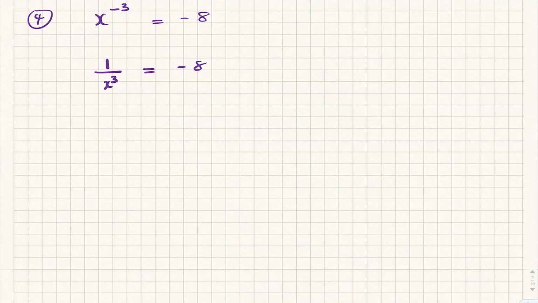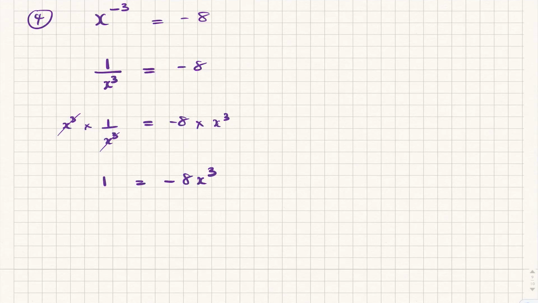So first multiply both sides by x cubed. I get x cubed times 1 over x cubed equals minus 8 times x cubed. The x cubed here will cancel the x cubed there. So I get 1 equals minus 8x cubed.